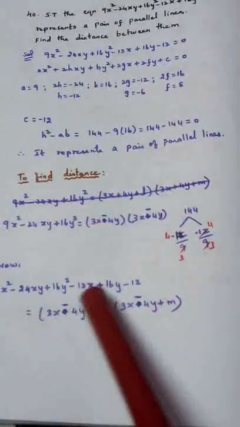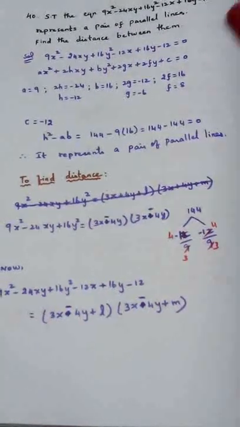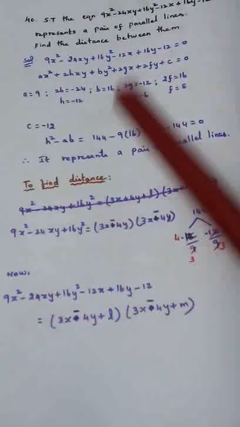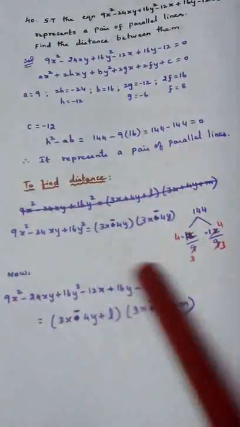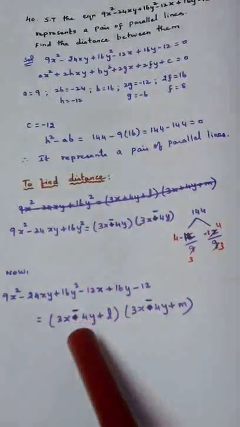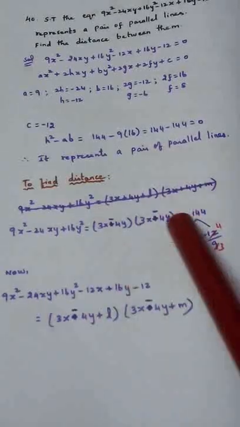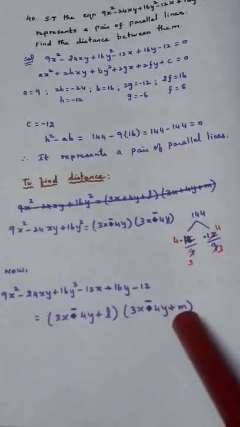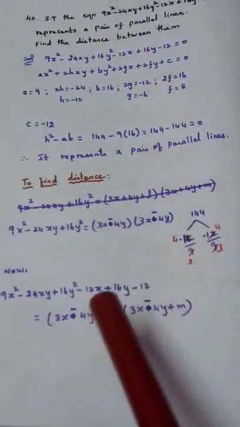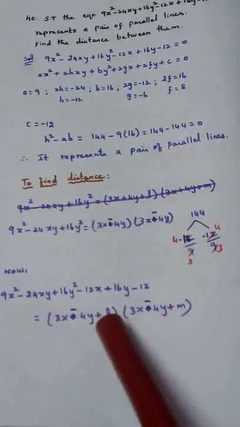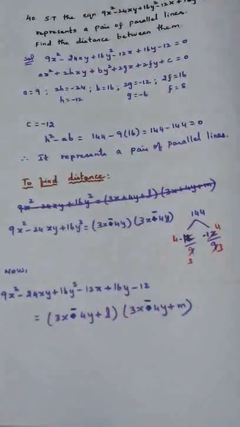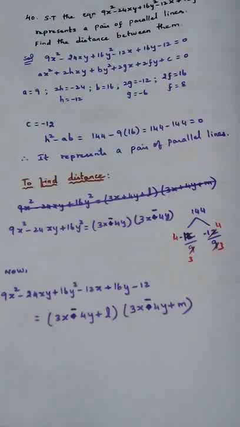Now you take the full equation, the given question. The first factor is written with one constant, the second factor is written with another constant, L and M. So to find the separate equations, we need to find what L and M are. This concept we have discussed already in a problem.